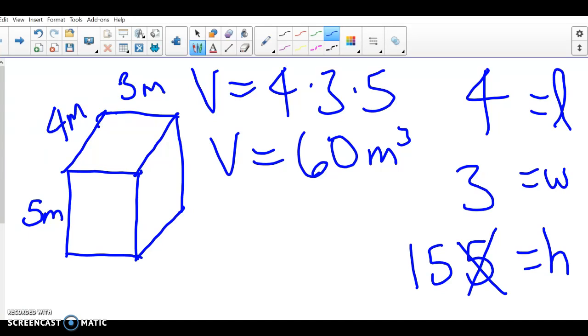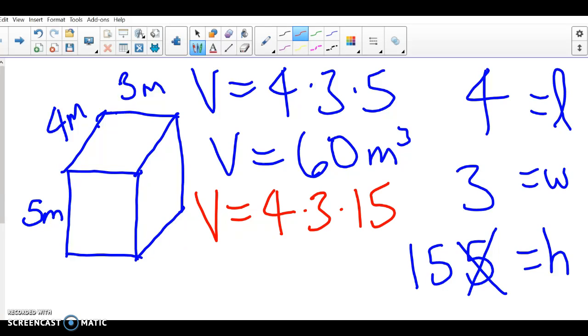So now let's calculate the volume with the height tripled and see what we get. So volume is going to be equal to, again, length times width times height. So 4 times 3 times 15. And when we do that calculation, we get 180 meters cubed.